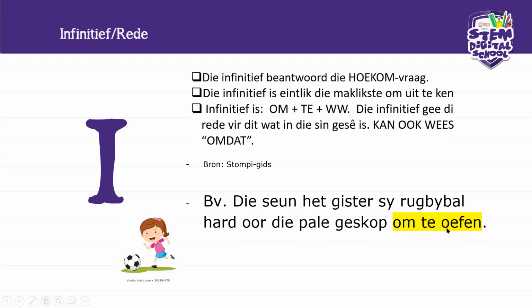The reason is to oefen, and before the reason there are the words om te, which is the infinitive. Very important, guys, please. As I always say, nothing I teach in this class is just for nothing. You must always take pictures and stay with me. Please take a picture. Then we're going to start with the exercise.